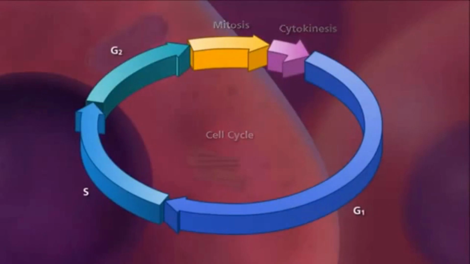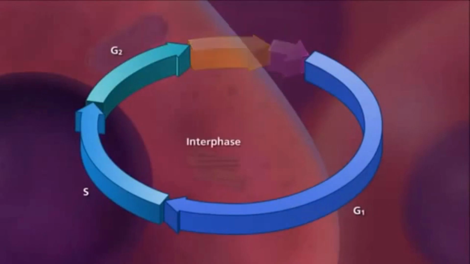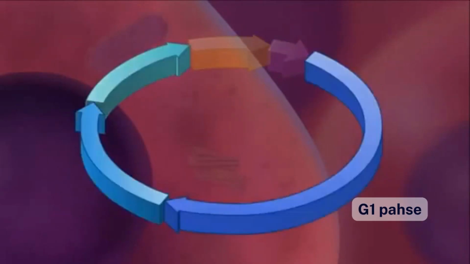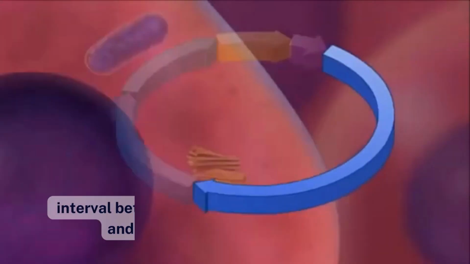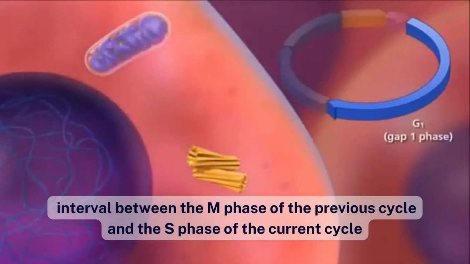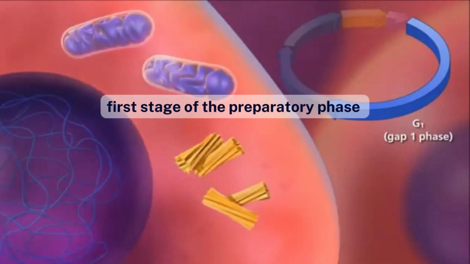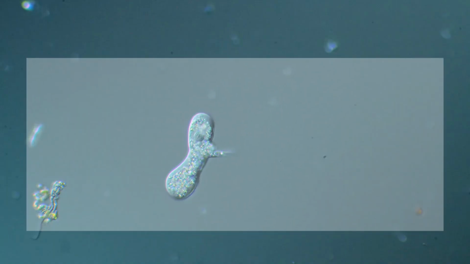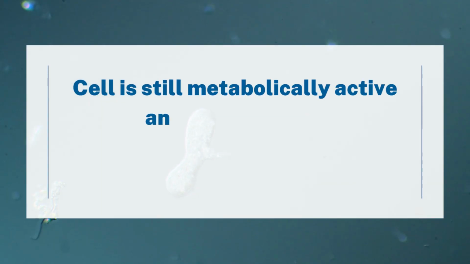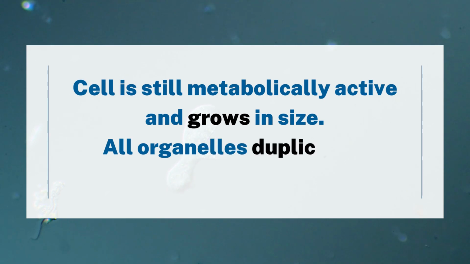So, as the cell enters the first stage of the interphase, it's time for the first gap phase, abbreviated as G1 phase. This phase is the interval between the M phase of the previous cycle and the S phase of the current cycle, and it's the first stage of the preparatory phase before DNA synthesis. During this phase, the cell is still metabolically active and grows in size.